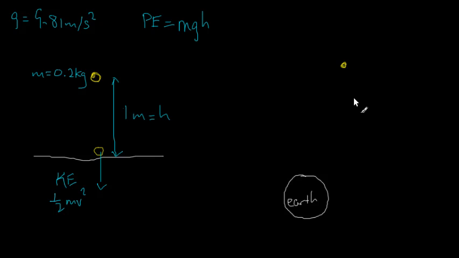Now, can we still talk about the potential energy using mgh? Probably not. The g in this formula is assumed to be fixed at 9.81, and we know that if we are very far from Earth, this g, which is also the gravitational field strength, which is also the force per unit kilogram, decreases.